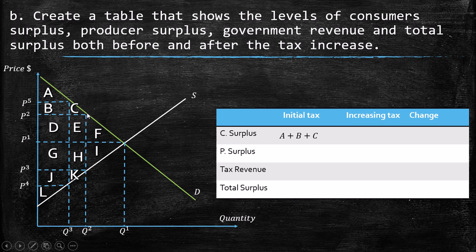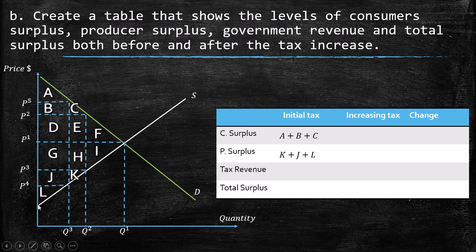Remember, this area takes into account all the potential consumers, between quotation marks, that are willing to pay even this price for this good, but instead of paying this part, they have to pay P2. So this is a kind of saving from the consumer side. The producer surplus will be K, J, L.